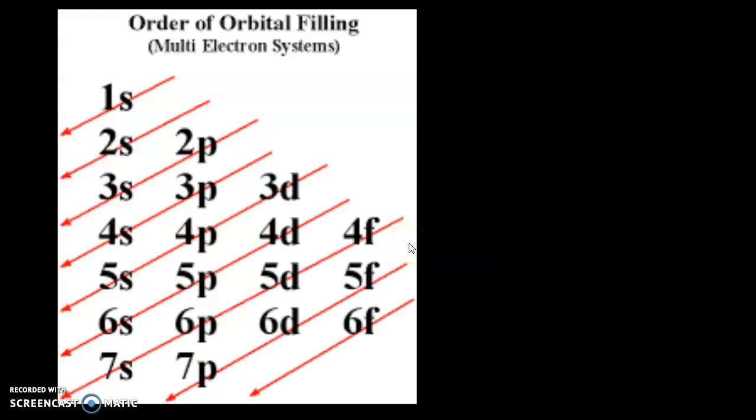So this is going to be really important when you're writing your electron configurations. So where did we stop? 3d, 4p, 5s. The way that you read this, you start at the top, follow the arrows, and then keep on going down. And this is going to tell you how you can order your electrons.